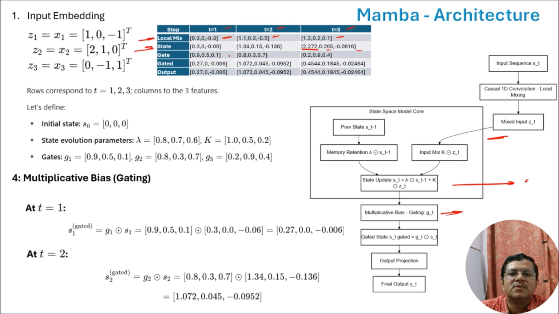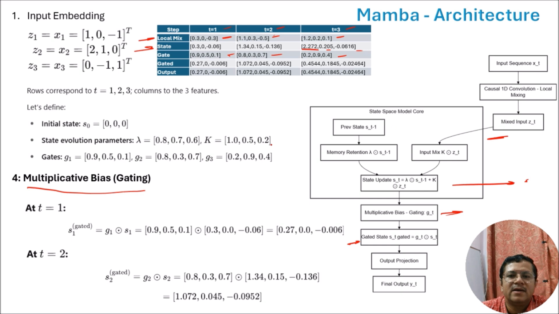So suppose this is our learn gate output. In that case we will calculate the gated state output. This is known as multiplicative bias. This decides which of those learned or stored memory we will continue for the next phase.